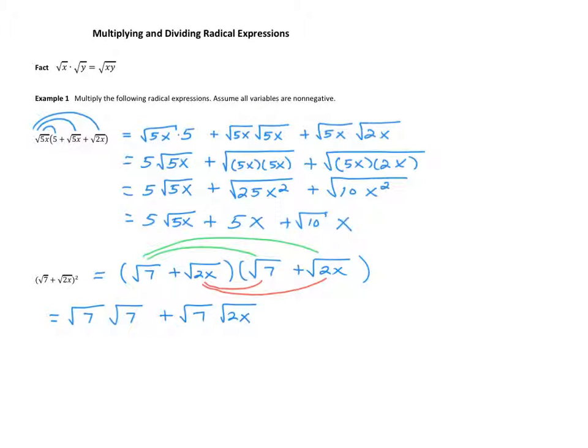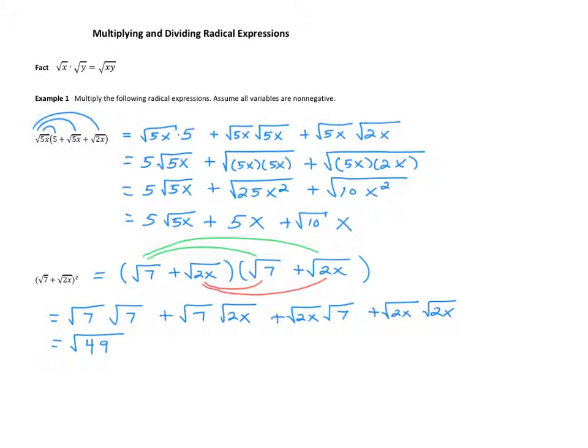I first get the square root of 2x times the square root of 7, plus the square root of 2x times the square root of 2x. So at this point, I've multiplied everything together. All right, where to go from here? Well, I'm noticing over here that this is the same thing as the square root of 7 times 7, which is 49.